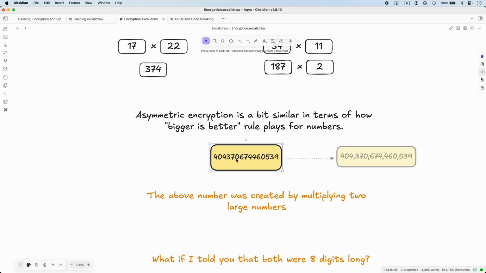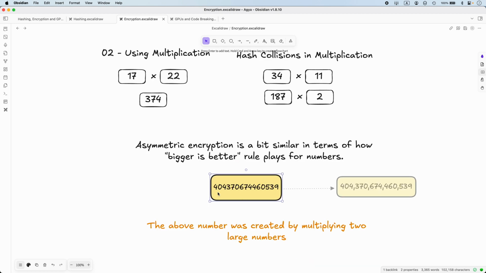For example, this is the result of a multiplication, but it is a big number. With commas, it's 15 digits: 404 trillion, 370 billion, 674 million, 460,539. That's what the number is.